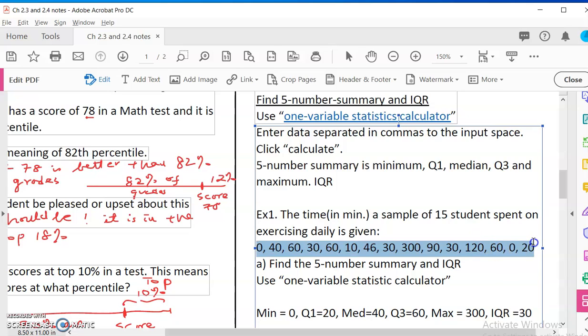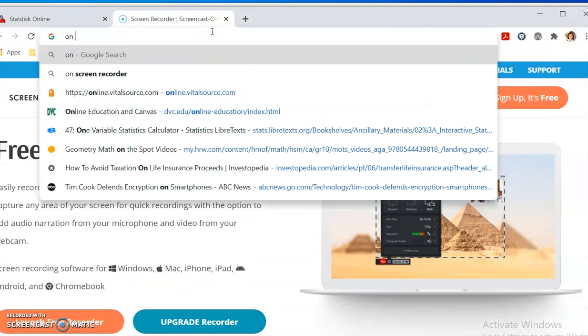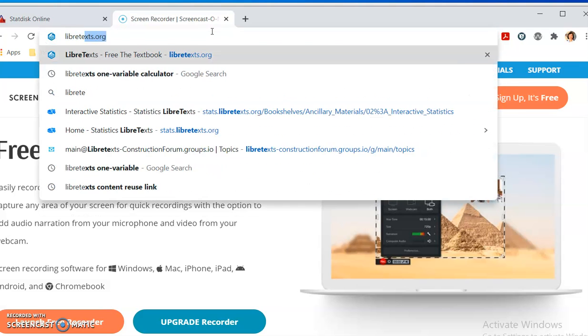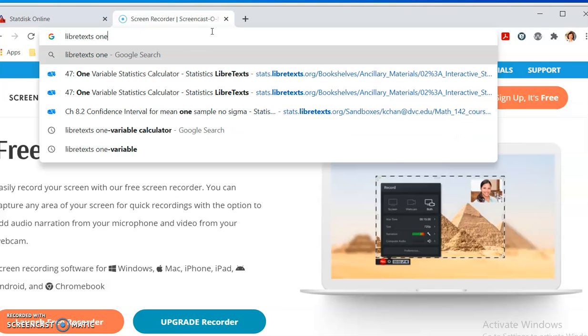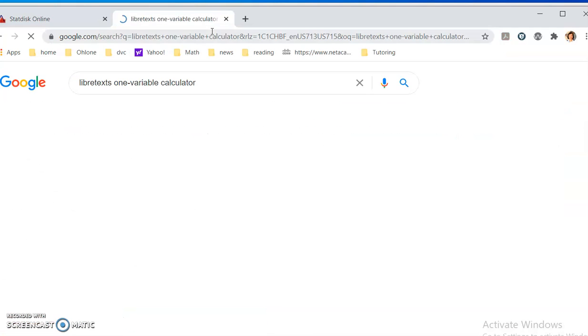I copy the data, and then I go to the browser and search for the one variable calculator. It's under LibreText: the LibreText one variable statistic calculator.